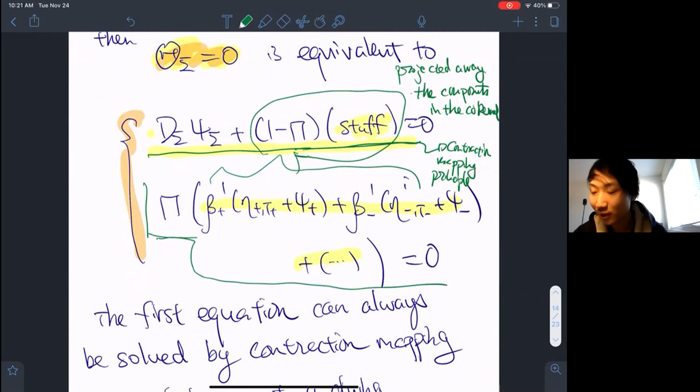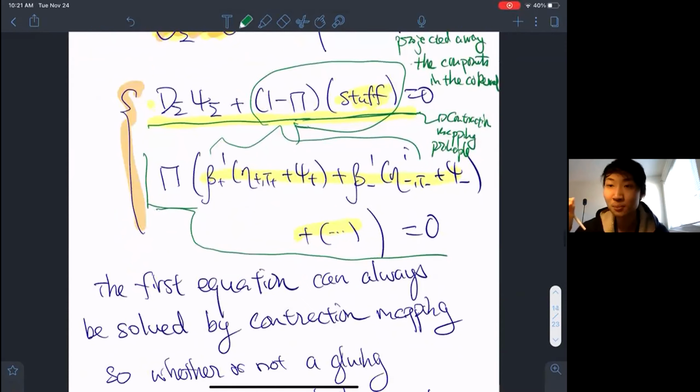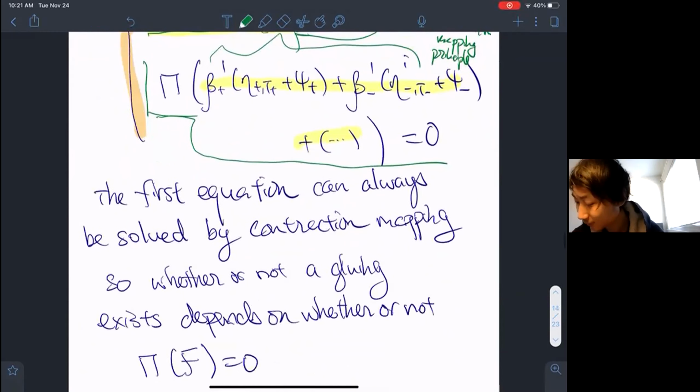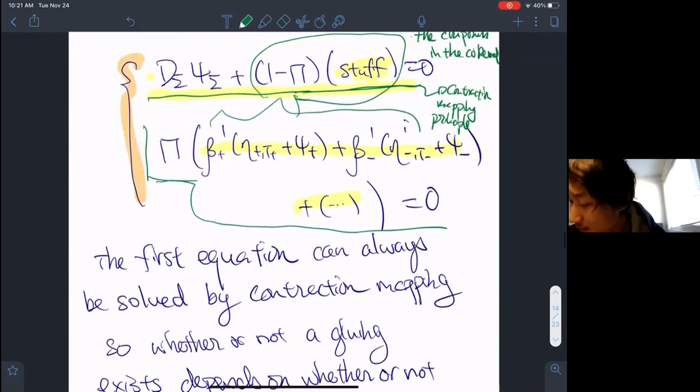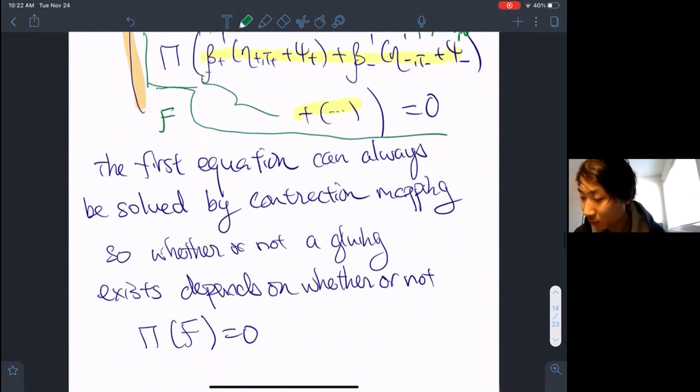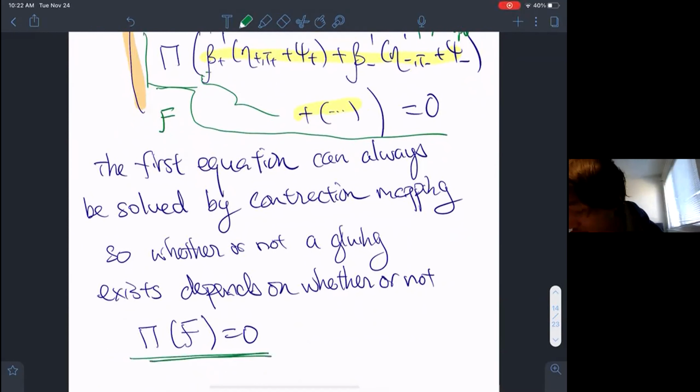And the points where the second equation is equal to 0 will correspond to an honest gluing. I'm going to denote all the terms over here by F. And whether or not we have a gluing is equivalent to pi of F being equal to 0 or not.